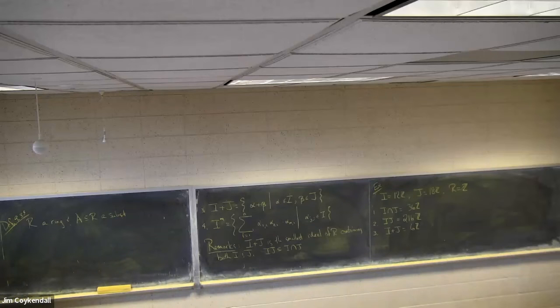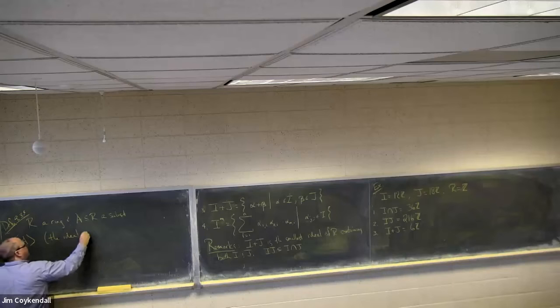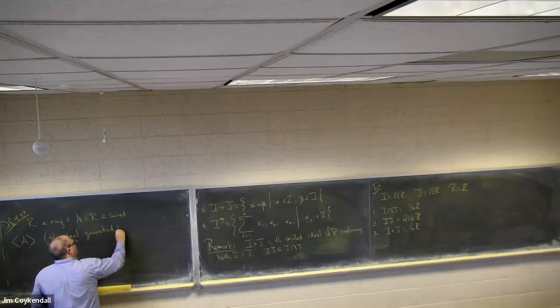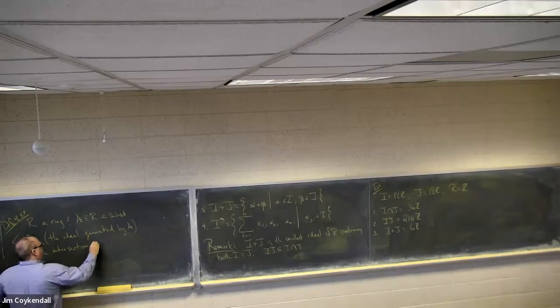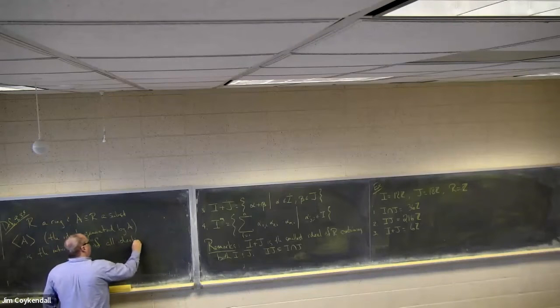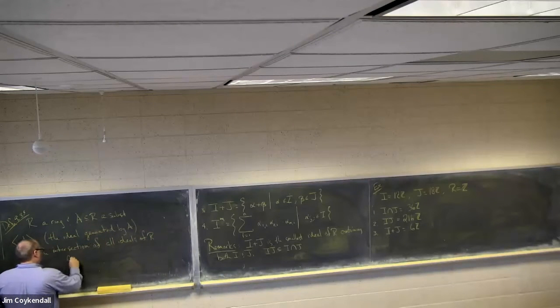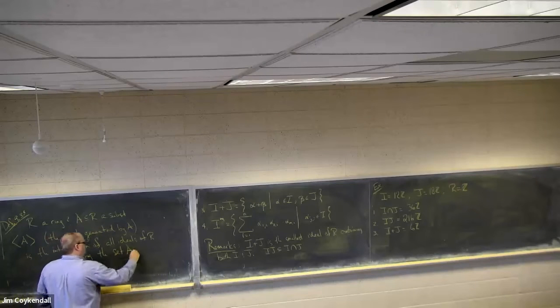The ideal generated by A is the smallest ideal containing A, that is, the intersection of all ideals of R containing A.